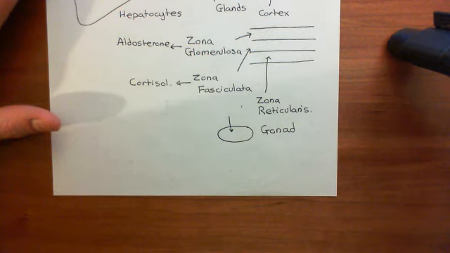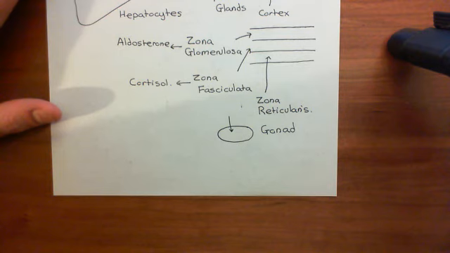Right, so we'll call it there for this video, and in the next video what we'll look at is the pathways by which cells can take cholesterol esters from HDL particles and from LDL particles, and these mechanisms differ hugely.